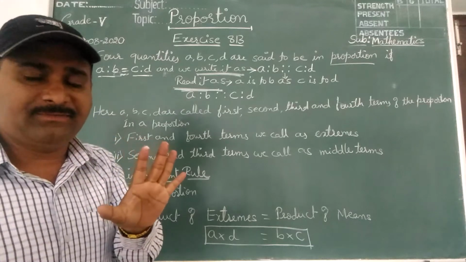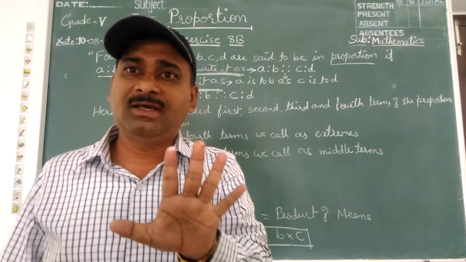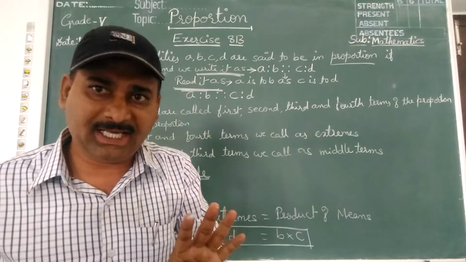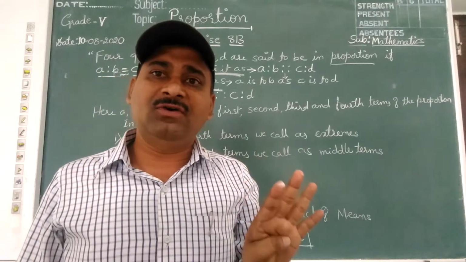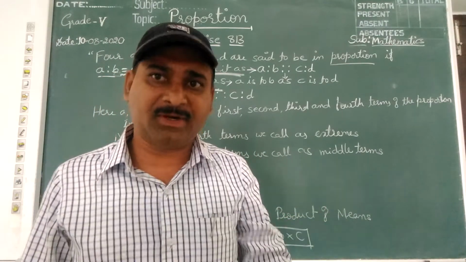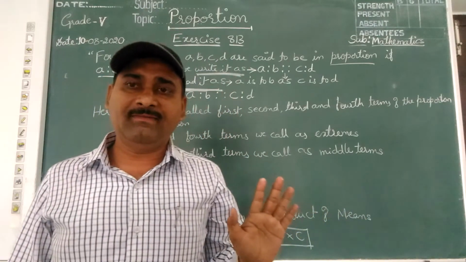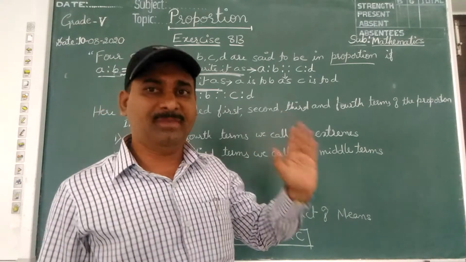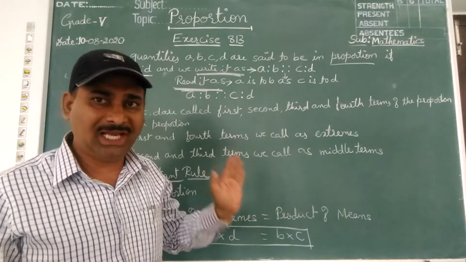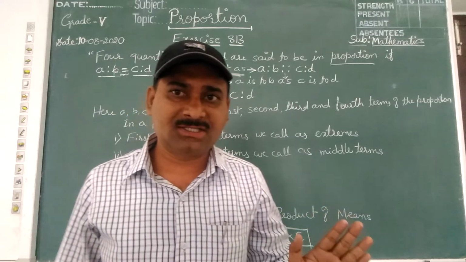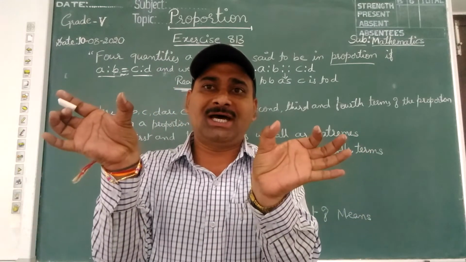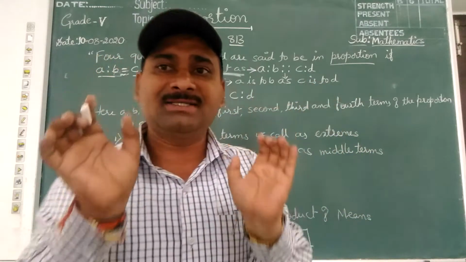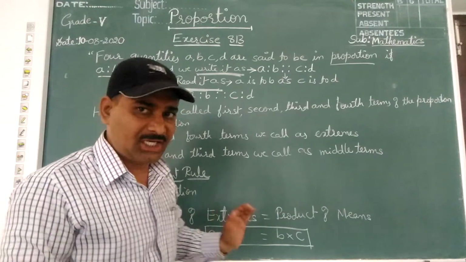Children, proportion means there will be four quantities, and these four quantities are said to be in proportion only when A is to B equals C is to D. In simple words, when two ratios are equal, then we can say that they are in proportion.